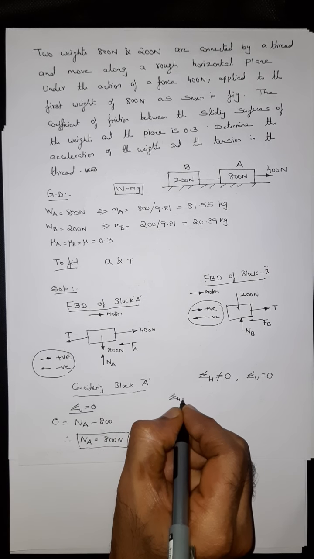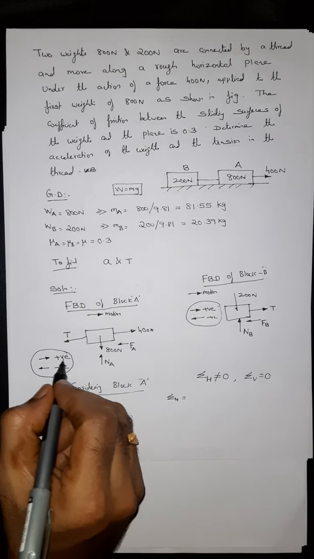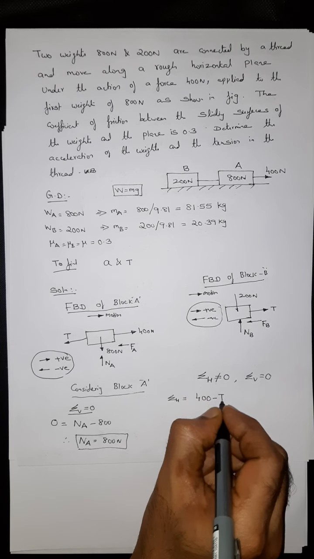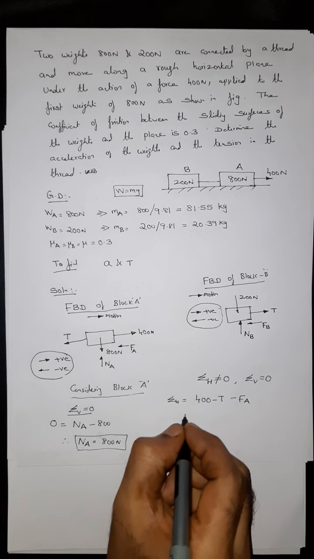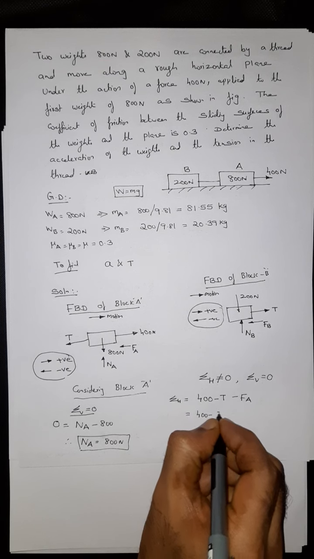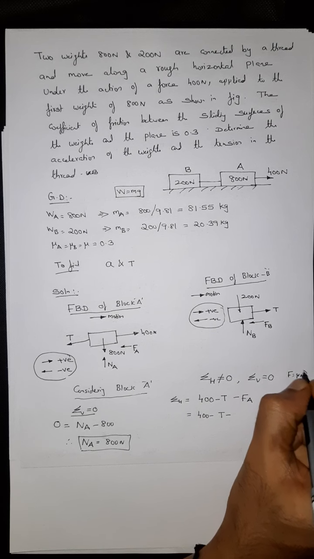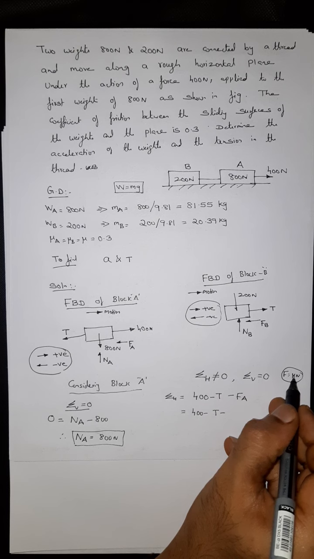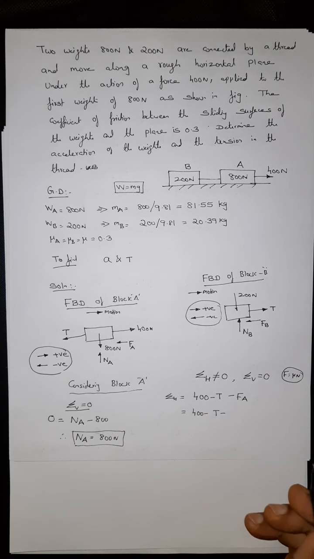Then going to resolve the horizontal forces. Towards right, it's positive, right? So summation H is 400 minus T minus FA. F is nothing but mu into N. So the frictional force, that is limiting friction, is equal to the coefficient of friction multiplied with the normal reaction.